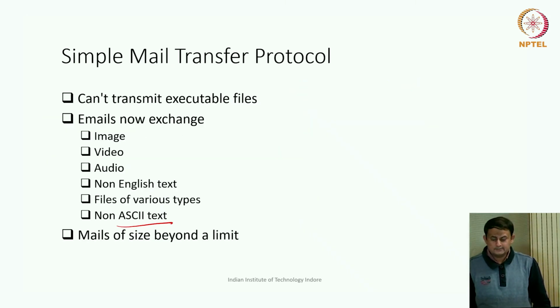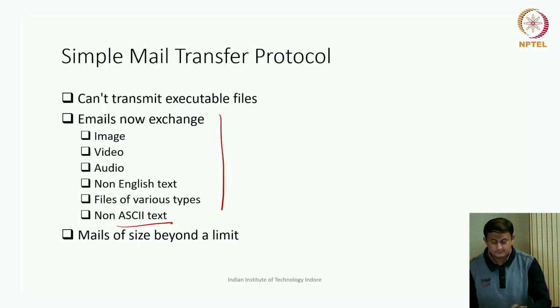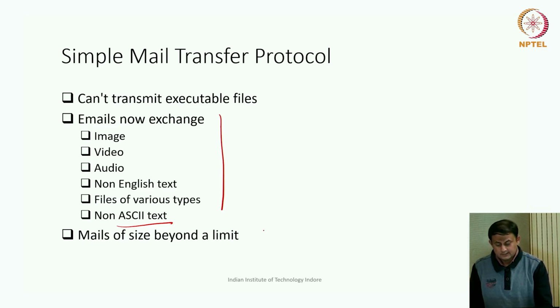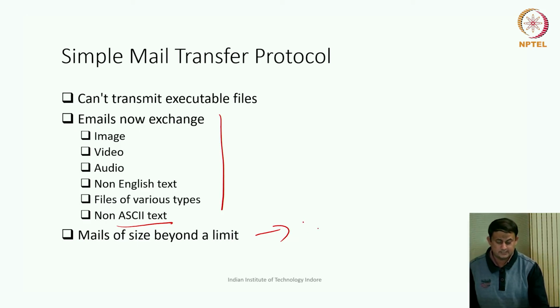So how do we enhance the capabilities of SMTP? That was the question people started asking. Supporting many different file types is one question. The other is that SMTP limited the total amount of data you can transmit as part of an email. Let's say you cannot write beyond 1000 bytes.